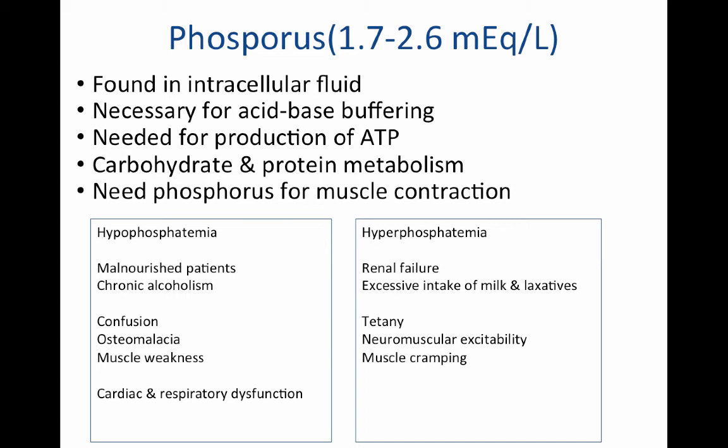Hyperphosphatemia, which is a high phosphate level, is caused primarily by renal failure. When the kidneys can no longer excrete phosphorus, it will lead to high phosphate levels in your blood. It may also be caused by excessive milk intake or phosphate-containing laxatives, so a lot of times we can just ingest more phosphorus.